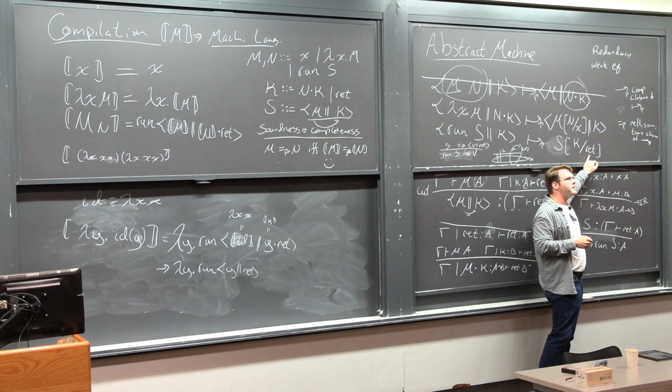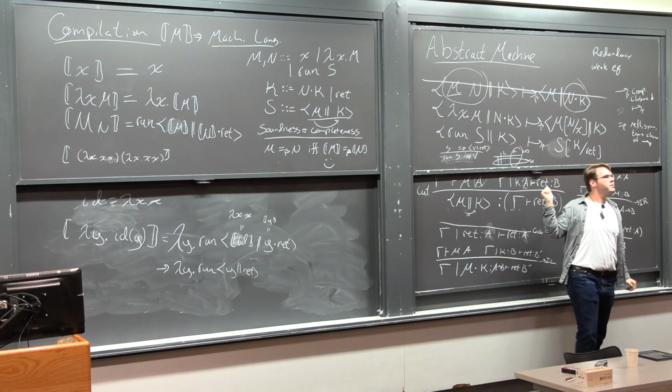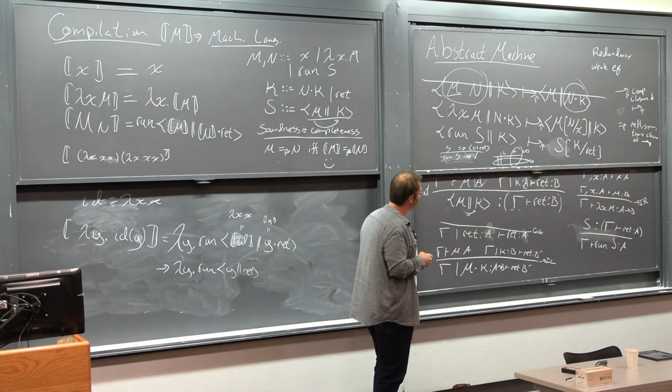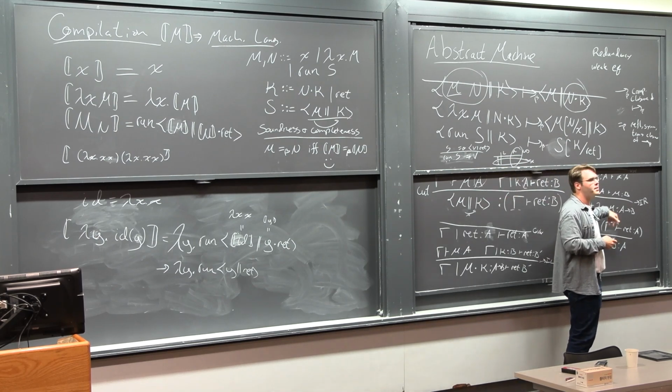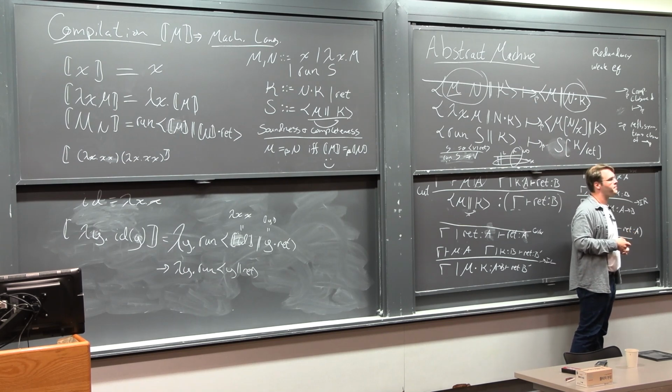But that means that ret really acts like a variable and has all the same kind of properties that a free variable x does. But it's for continuations, hence continuation variable, rather than regular terms. And then there's this last rule that doesn't have much of a logical meaning if we delete a lot of punctuation in programs. I just say, if I can prove A, then I can prove A.